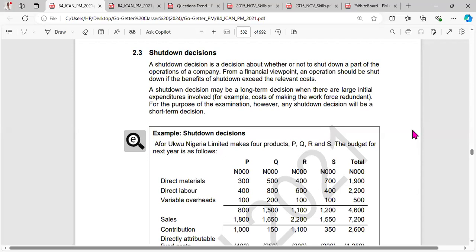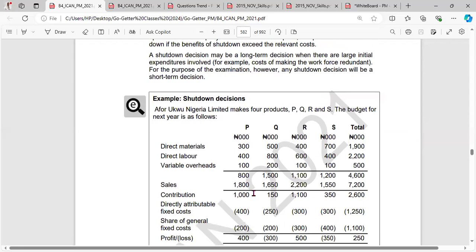A shutdown decision may be a long term where there are large initial expenditure involved. And in that case, you may make some workforce redundant. It may also be a short-term decision. In the case of this, we are looking at short-term decision.